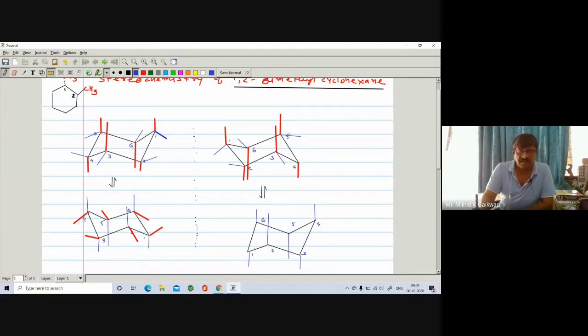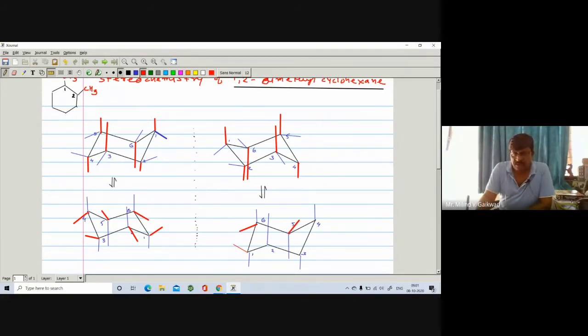Similarly, the mirror images. So here the axial bond becomes equatorial. So the equatorial will be like this one, C2, C3. Then it is parallel to C4, C5. It is parallel to C3, C4.